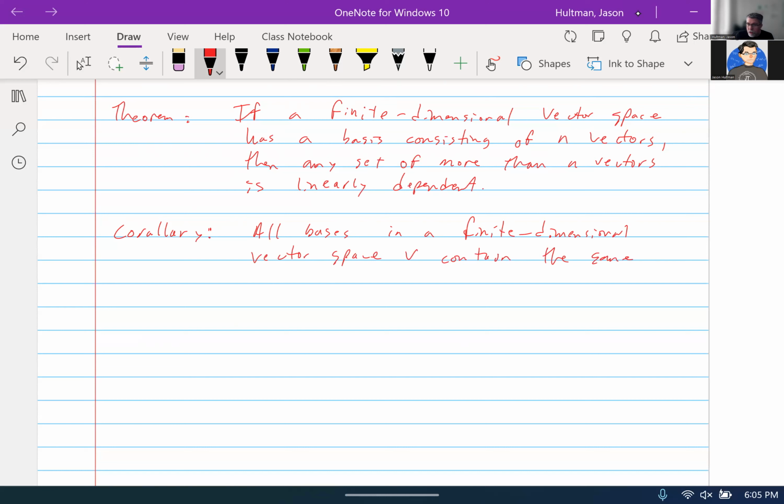Means that all bases are going to have the same number of items in it, same number of vectors. If it's a basis with a certain number of items for one vector space, then it's going to be the same number of items for any basis.